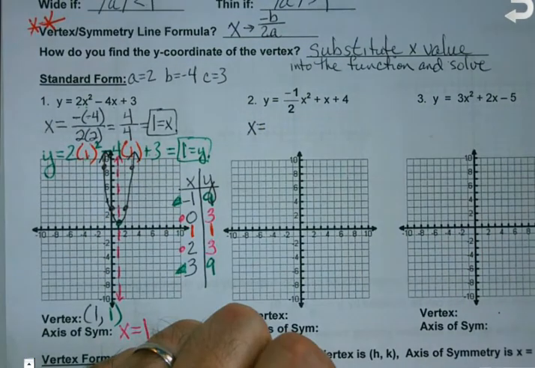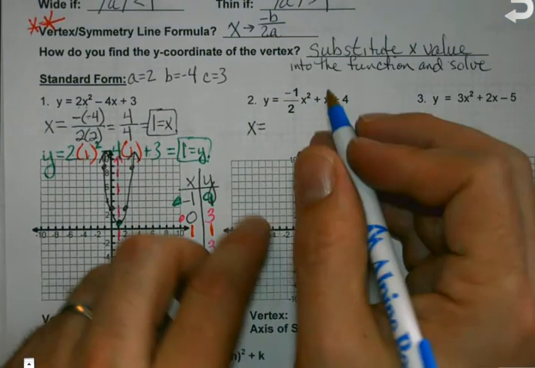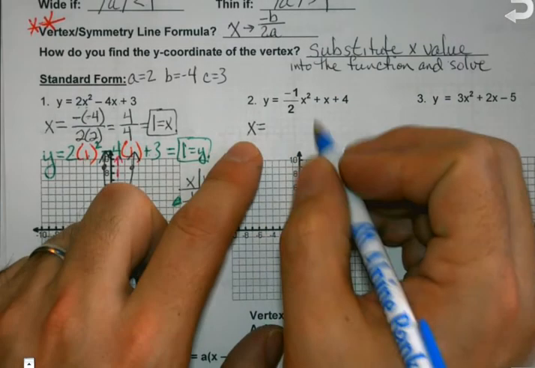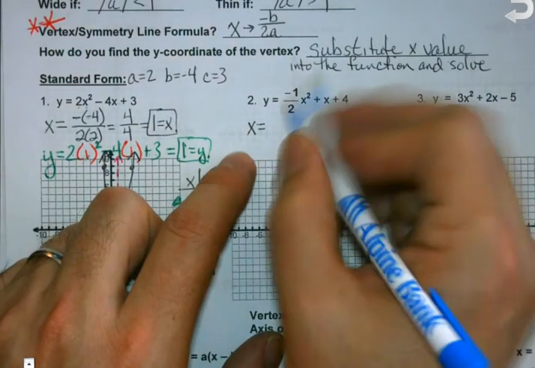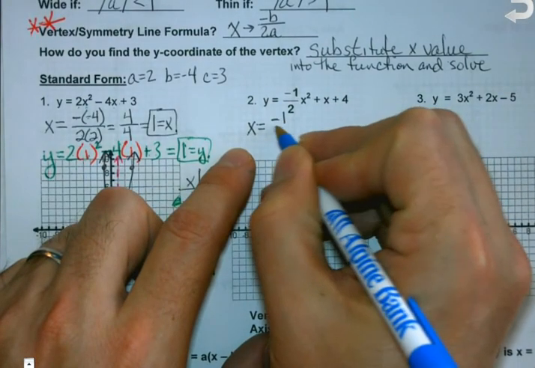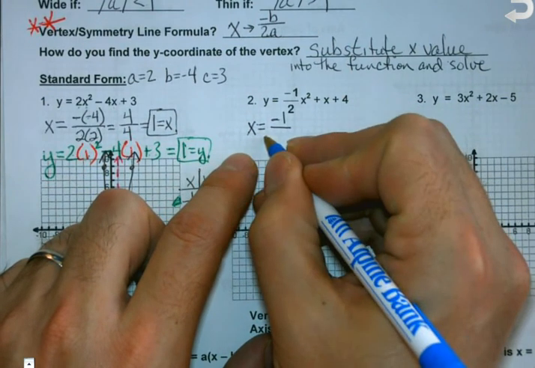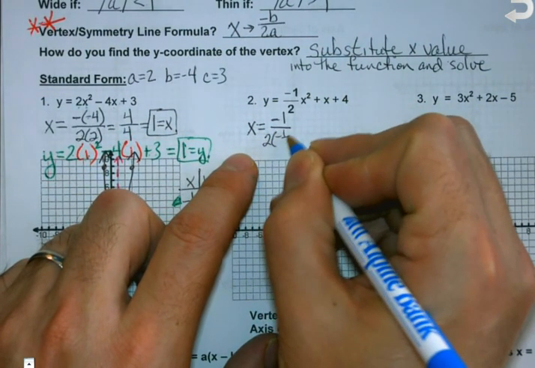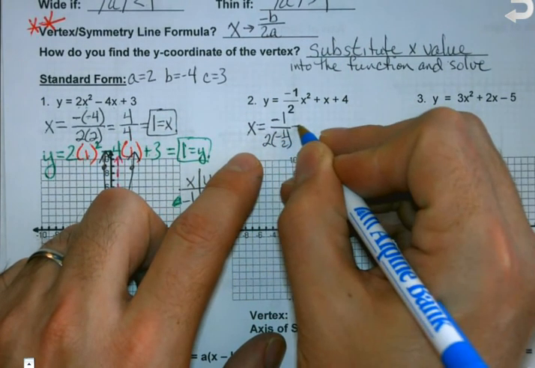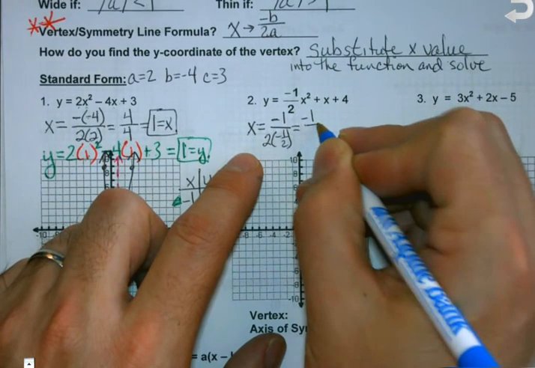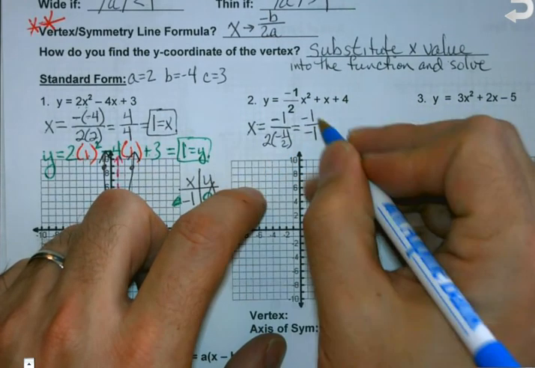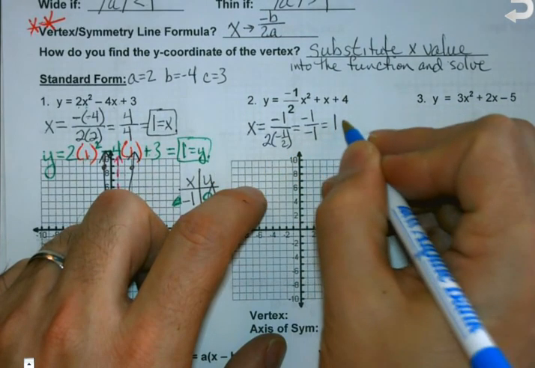That's one thing I'm going to require. So for instance here, okay, we have negative b over 2a. What's my b value in number 2? Okay, 1. So it's negative 1 over 2a. So negative 1/2 times 2 is negative 1. Negative divided by negative is positive.